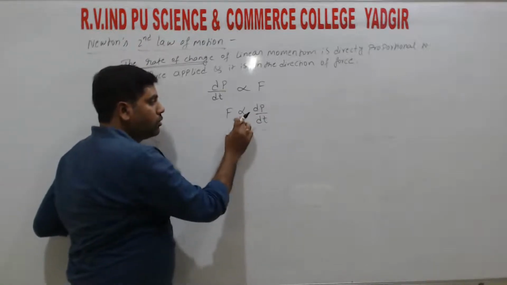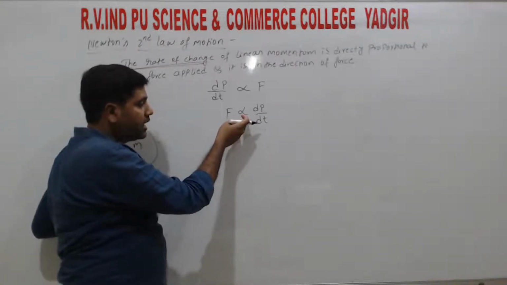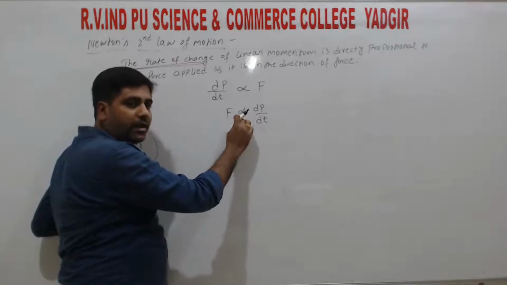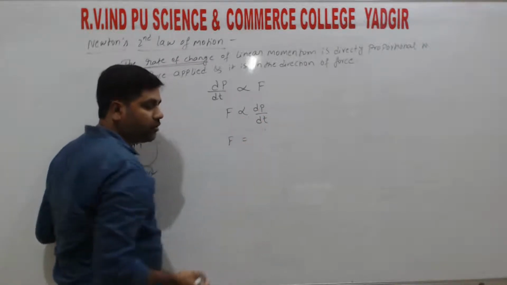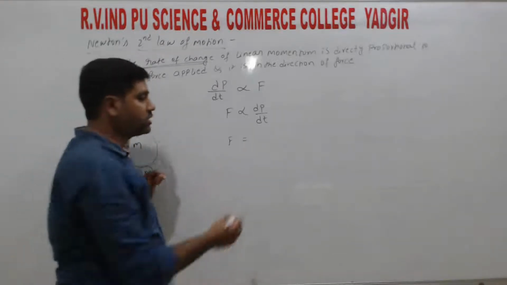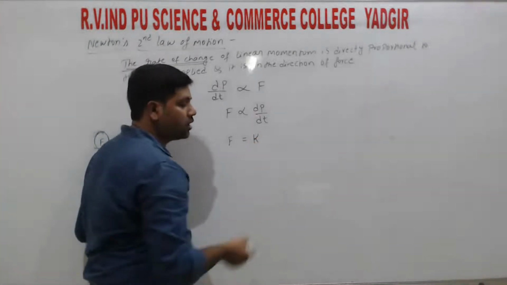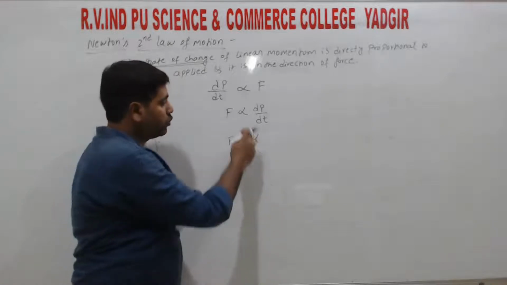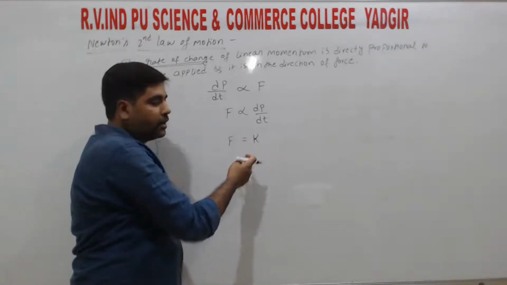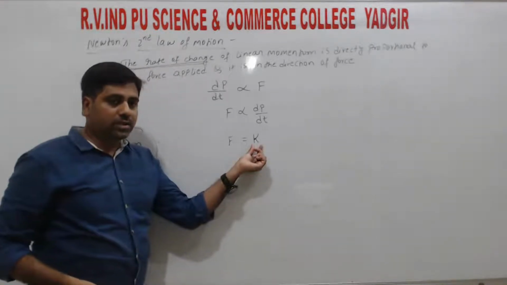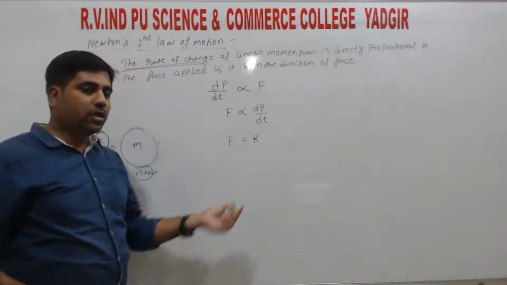So now, as I explained in the previous class, to remove proportionality and go to equals, we need to write a constant. That constant we call the proportionality constant. So when we write equals in place of proportional, we always introduce one constant, the proportionality constant, right?